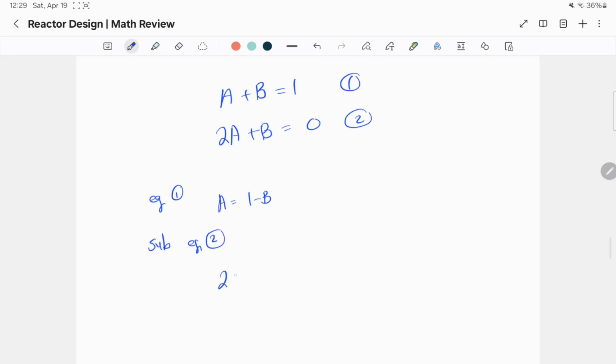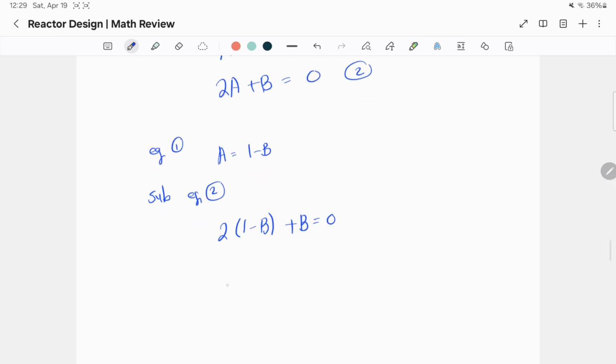We'll be left with 2 times 1 minus B plus B equals 0. We'll simplify it even more. 2 minus 2B plus B equals 0. Negative B will equal negative 2. B will equal 2.